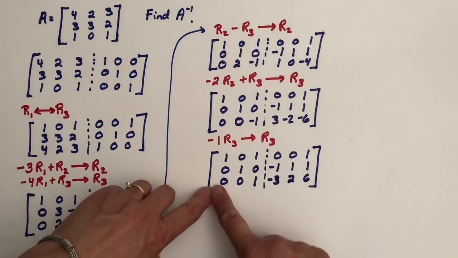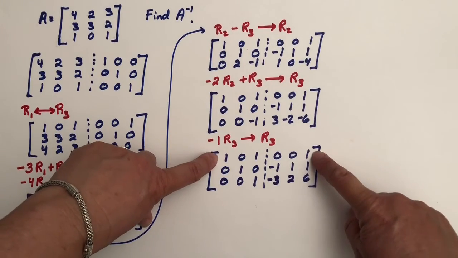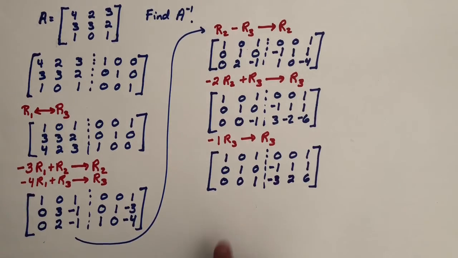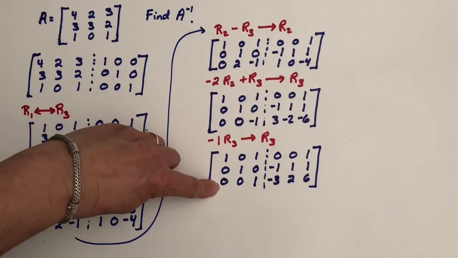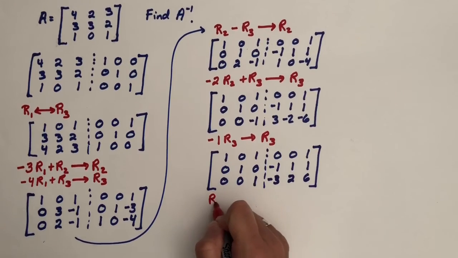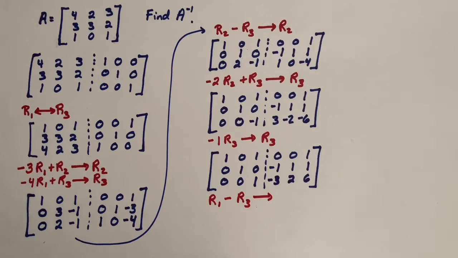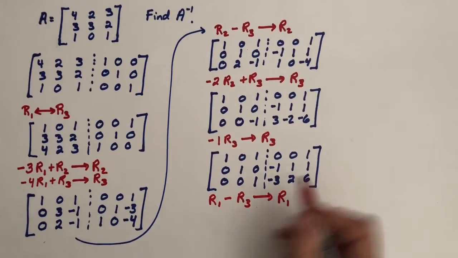If I multiply row 3 by negative 1 and add it to row 1, I will get the 0 here. Another way of saying that is taking row 1 minus row 3. Remember, if you use row 1 and row 3, mathematically you can put the result in either of those rows. I'm going to put the result in row 1.